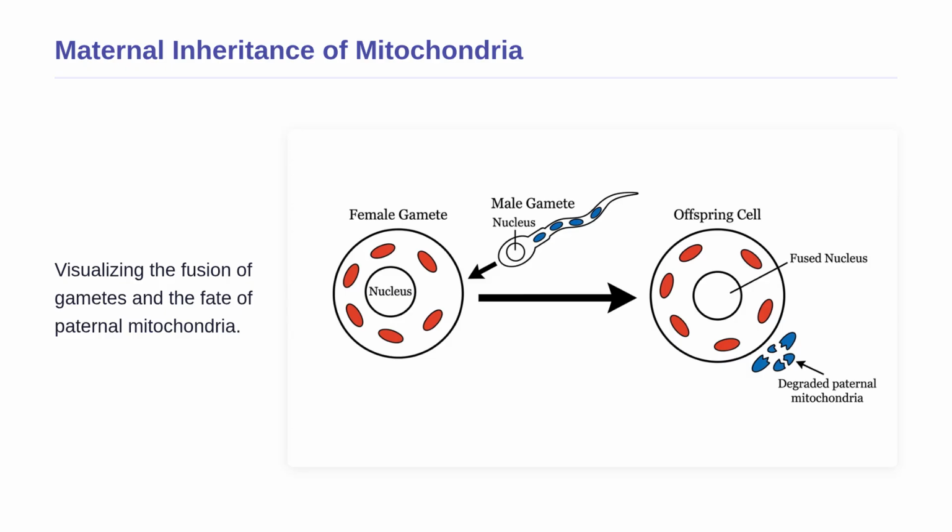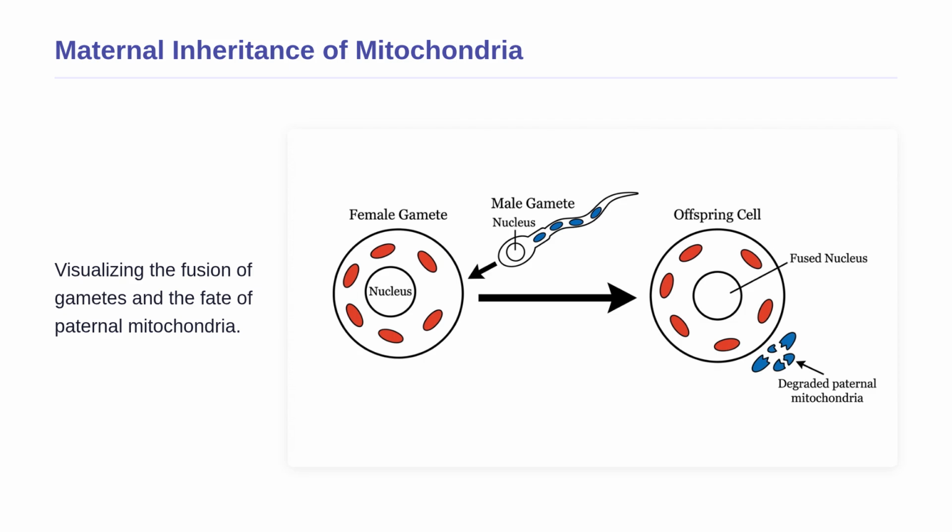To truly grasp why this inheritance is strictly maternal, let us look at this diagram of fertilization. On the left, you see the female gamete, or the egg. It is massive and packed with cytoplasm, which includes numerous red mitochondria. Approaching it is the male gamete, the sperm, which is essentially just a nucleus with a tiny amount of cytoplasm and a few blue mitochondria for propulsion.